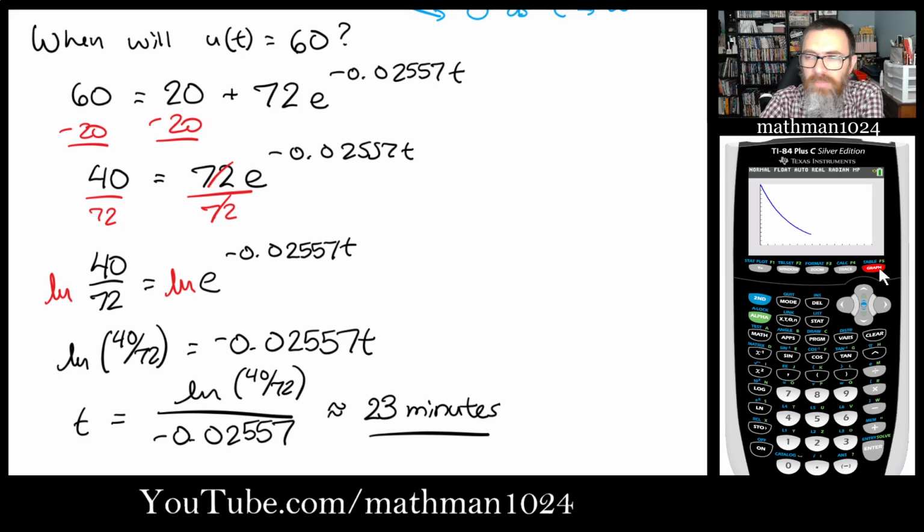Give it some time. Once we have the 30, we'll do the intersection like we did before. So calculate. Oh, that's almost right on top of it, isn't it? It tells me that it's in about 77 minutes.